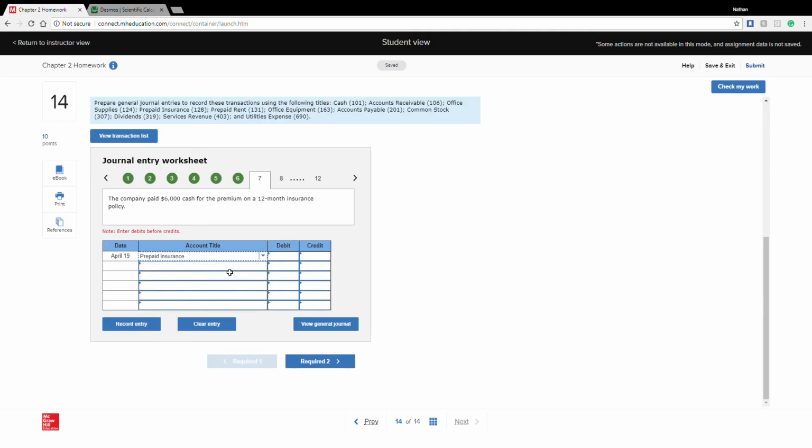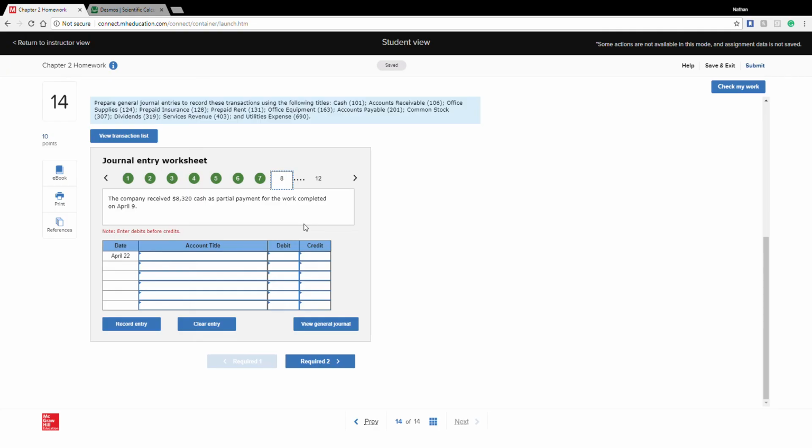So it's prepaid insurance, and since it's an asset, and we're taking ownership of that premium, that is going to be our debit account. We know cash is going down since we paid cash. And just input the number. Do not input 12. I do see people do that, so don't do that. Just put in the actual cash amount.